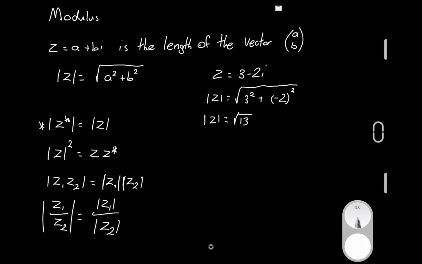If I've got the modulus of z squared, then it's just equal to z times its conjugate. So z times z star, which again is conjugate. The last two properties, which are here and here, you guys will be familiar with from our work with vectors, where we've got z1 multiplied by z2. It's just the modulus of both of those multiplied together, and division works out the same.